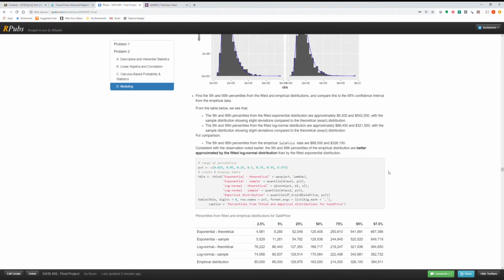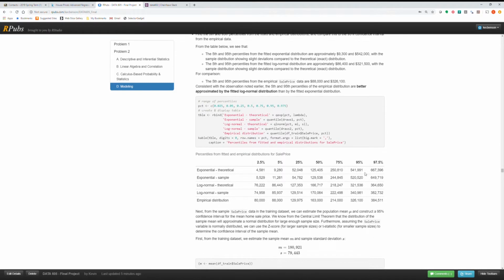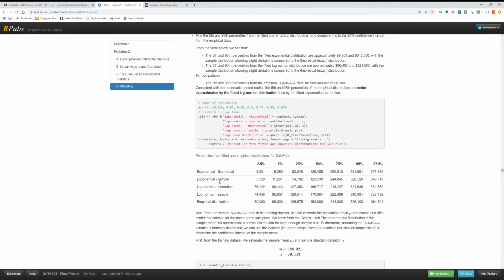Next, we're asked to compute the 5th and 95th percentiles from the distribution, which are shown in this table. And again, what we'll see is that the 5th and 95th percentiles are much better approximated by the log normal distribution.